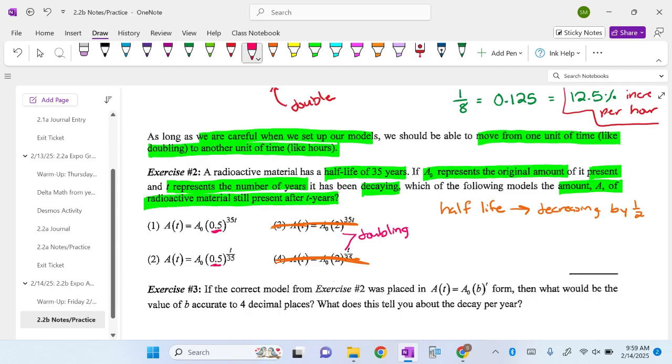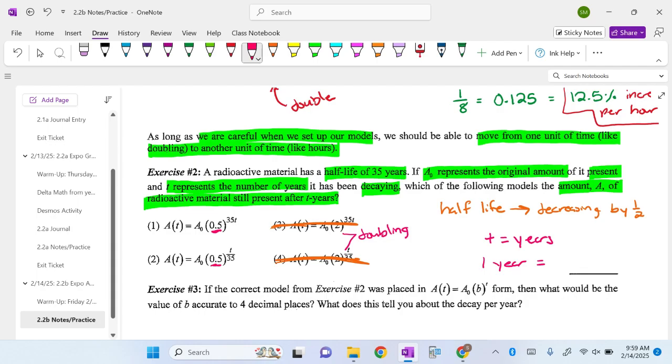Now, when T is years, we're looking for how to represent T in terms of 1 year. So in 1 year, what fraction of the half-life would have already happened?